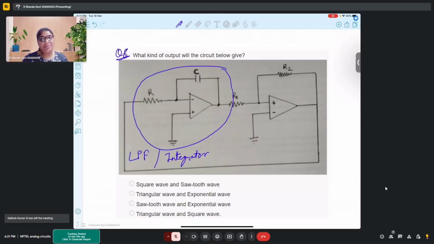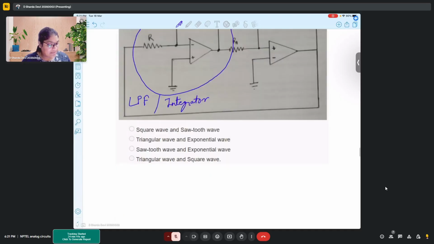Because integrator and low pass filter both have a similar profile. It's just the frequency range where you are operating that defines whether the circuit will behave as an integrator or a low pass filter, right? If we see the profile for that particular circuit, it is somewhat like this.